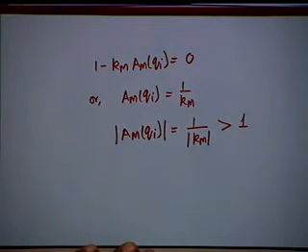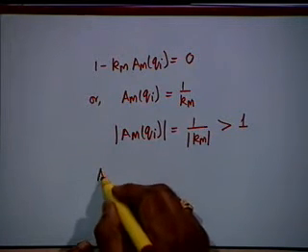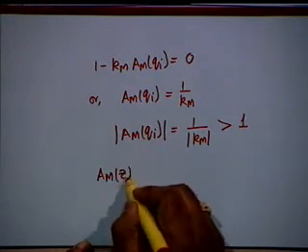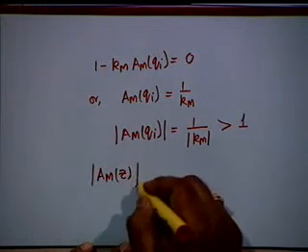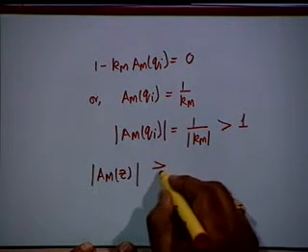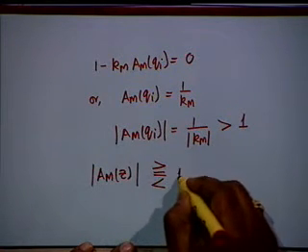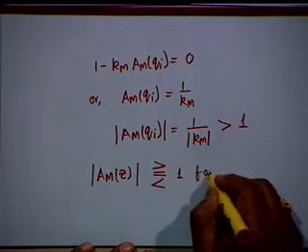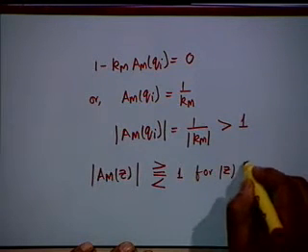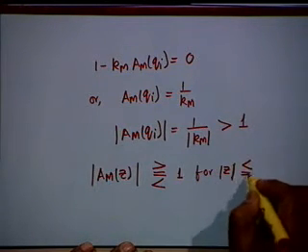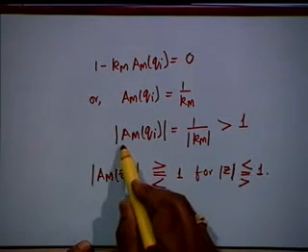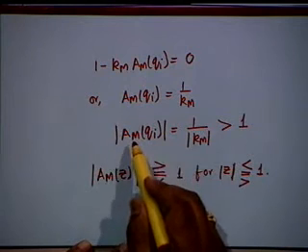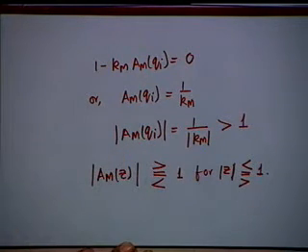Okay? We have also shown that if A_m(z) is a stable all pass function, then its magnitude is greater than, equal to or less than 1 for magnitude of z less than, equal to or greater than 1. Agreed? Therefore, we assumed A_m to be a stable function.